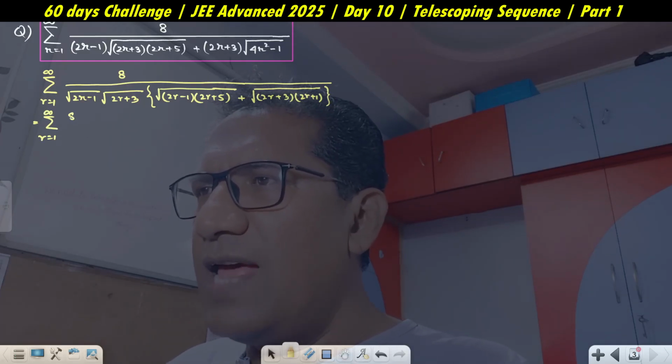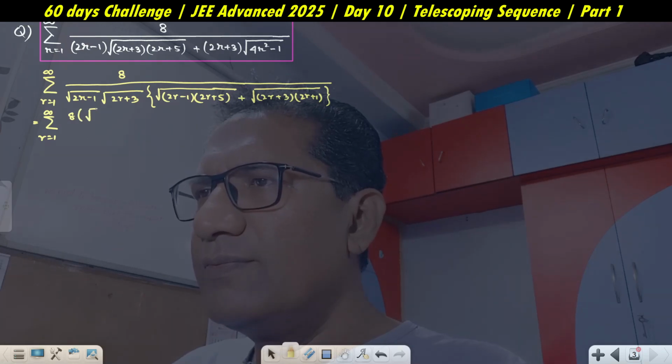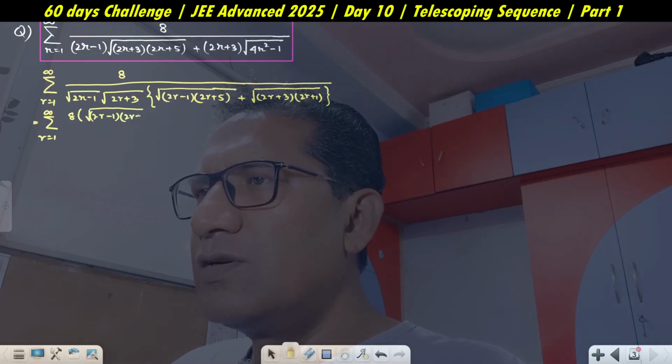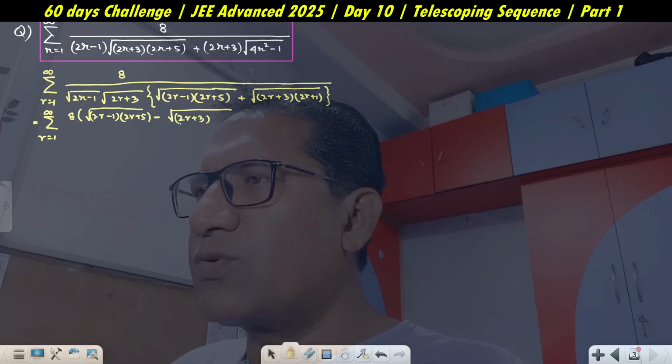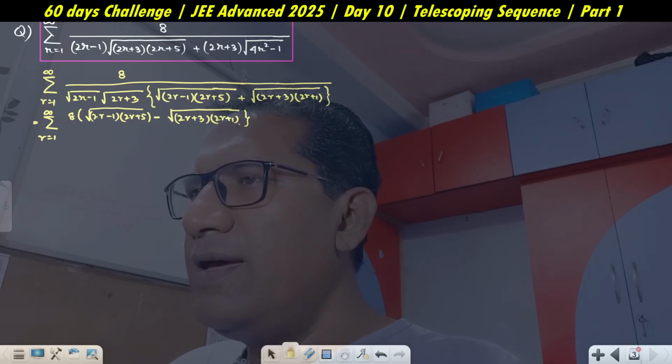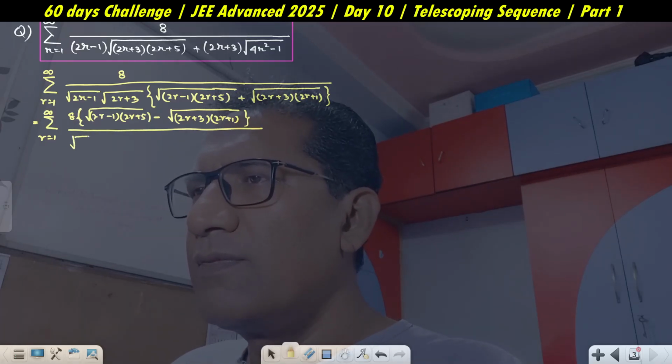So if I rationalize, we are going to have root over 2r plus 5 minus root over 2r plus 3 times root over 2r plus 1, and in the denominator we are having 2r minus 1 and 2r plus 3.